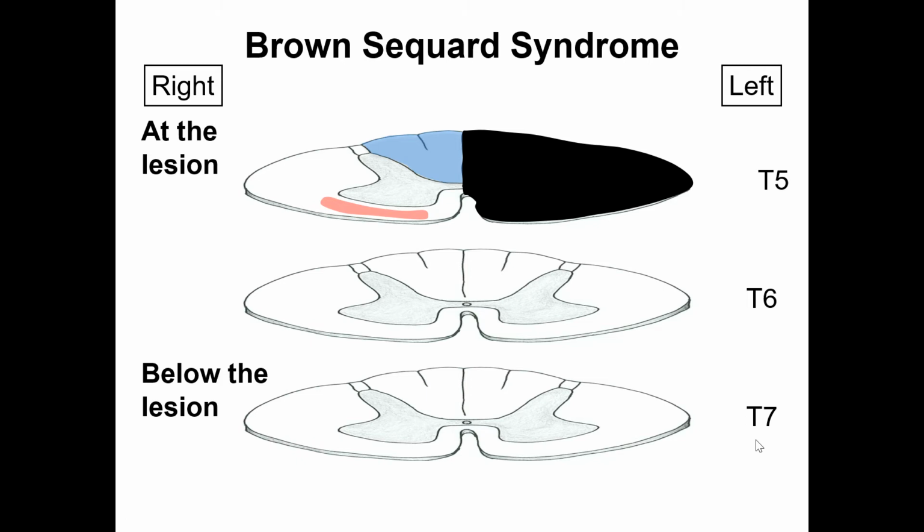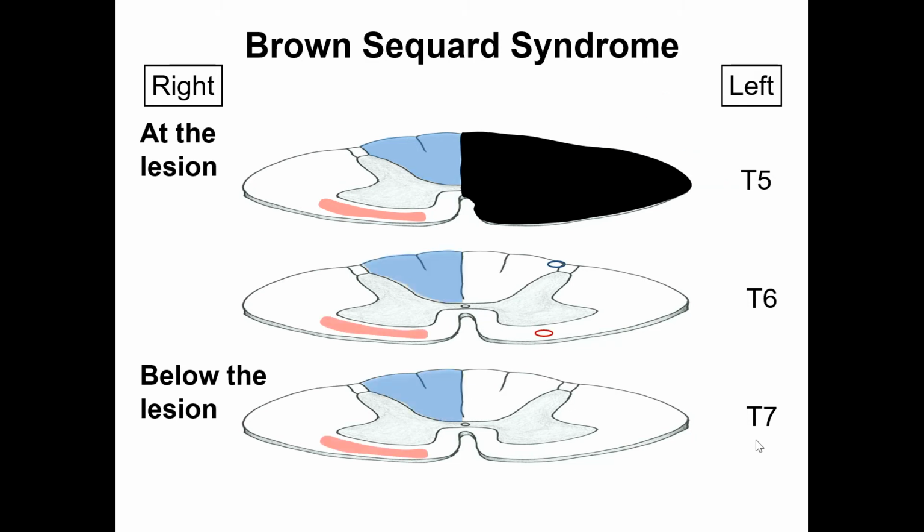Okay, at the level of the lesion, here at T5 on the left spinal cord, touch cannot enter because all the tissue is destroyed there, right? Pain cannot enter. So you have a deficit there at the lesion because pain cannot bring its information up to the spinal cord and into the cerebral cortex.